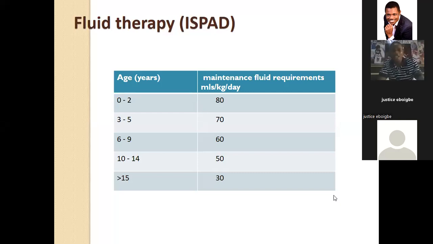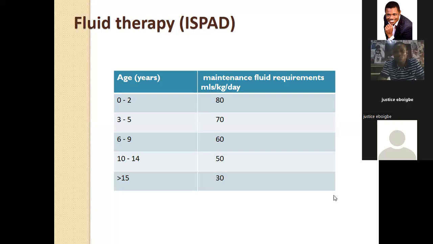Dr. Isaac, I should be rounding up, Abi. Yes, sir, you can. Okay, so after this example, we are going to round up. So the resuscitation, remember we told you it is 10 mils per kg over the first 1 hour.